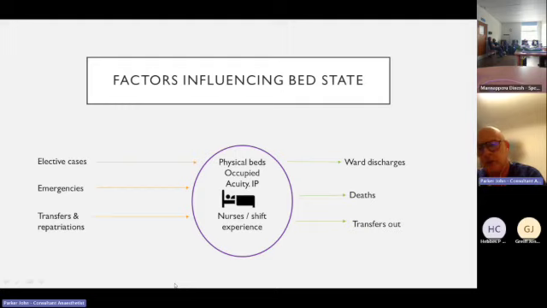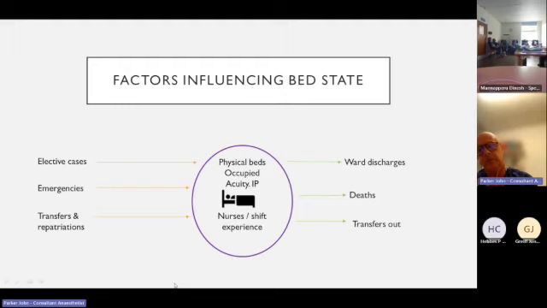There may be infection prevention issues which will require side rooms, and they may or may not be full. You then, alongside that, have the actual effective number of beds, and that would be dependent on the number of nurses on each shift, which may vary, and the experience of those nurses as well. So within that circle, there are several variables that you first have to consider regarding whether or not we have an empty bed to admit an elective into and still have an emergency bed.